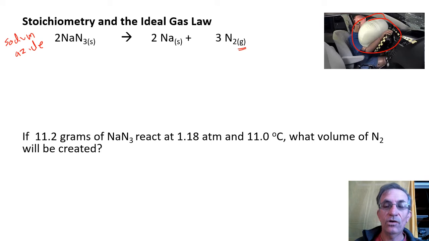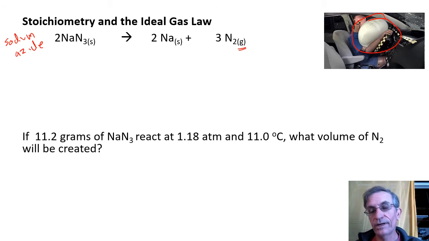Okay, so in this example, we're going to do this reaction, and I want to know how much nitrogen we're going to make. Now, I'm not going to talk about the amount of nitrogen as how many grams of nitrogen we're going to make. Since it's a gas, I might be more interested in what volume of nitrogen we're going to make. Are we going to make a liter of nitrogen, 3 liters of nitrogen?